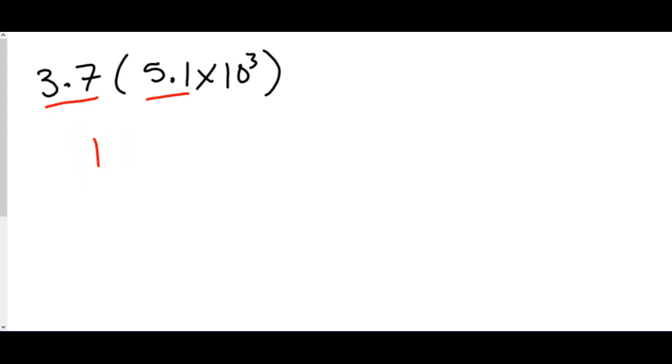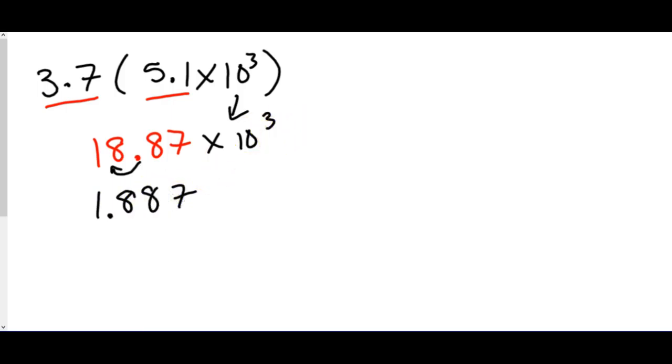That would give you 18.87. The times 10 to the third you'll just bring down. So this is currently not in correct scientific notation. We need to move the decimal 1 to the left, which means we will add 1 to the exponent. Times 10 to the fourth would be our correct final answer.